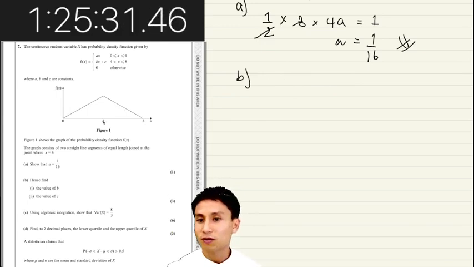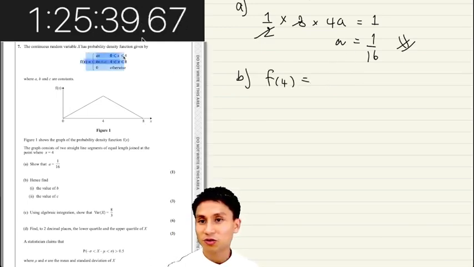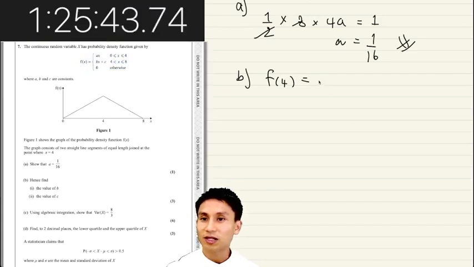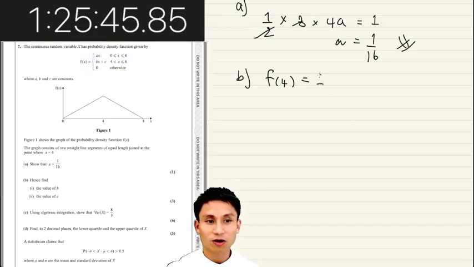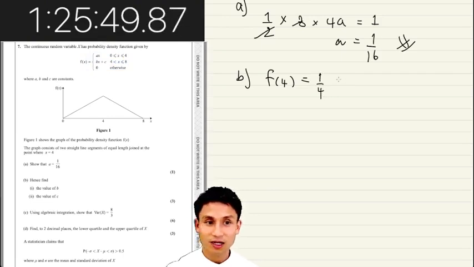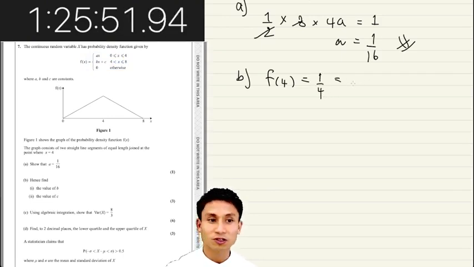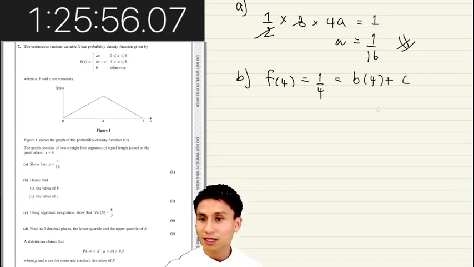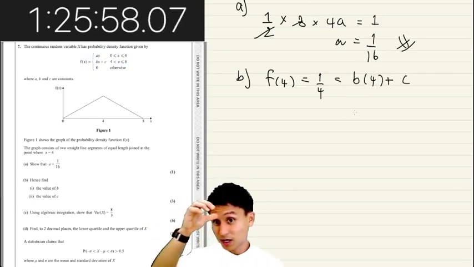Or we can substitute 4 in the probability density function, in the first part too, and that should give the same as the other part. So if we substitute 4 in ax, we get 4 over 16, which is 1 over 4, because a is 1 over 16. That should equal 4 substituted in the other function, so b times 4 plus c.